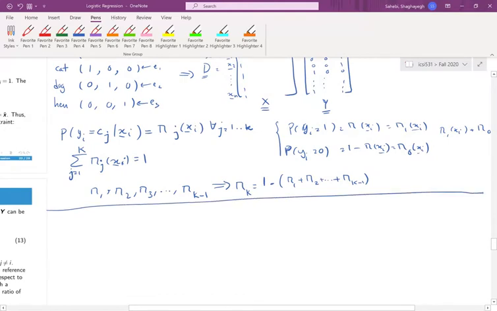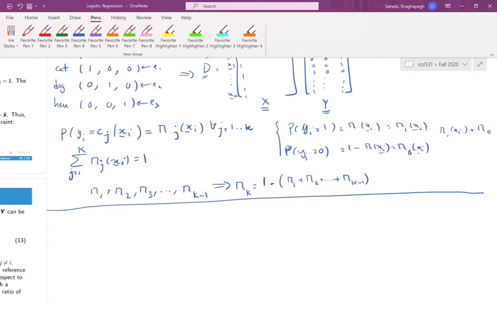Okay, so basically that's our definition of the problem, and what we are looking for is to find a good pi j. Now, we want this whole thing to look like our binary logistic regression, right?